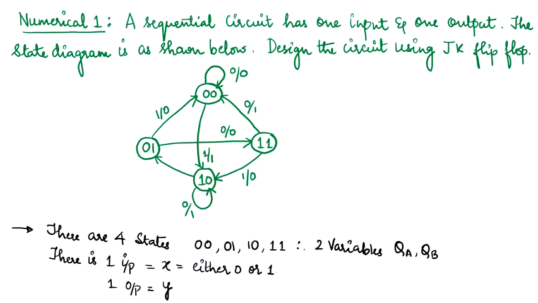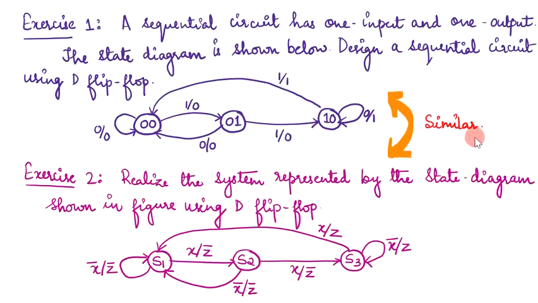So moving on to the next question, you have these 2 questions which are exactly the same. So I am considering them to be an exercise numerical which you will be able to solve very quickly. A sequential circuit has 1 input and 1 output. The state diagram is shown below. Design the sequential circuit using D flip-flop.